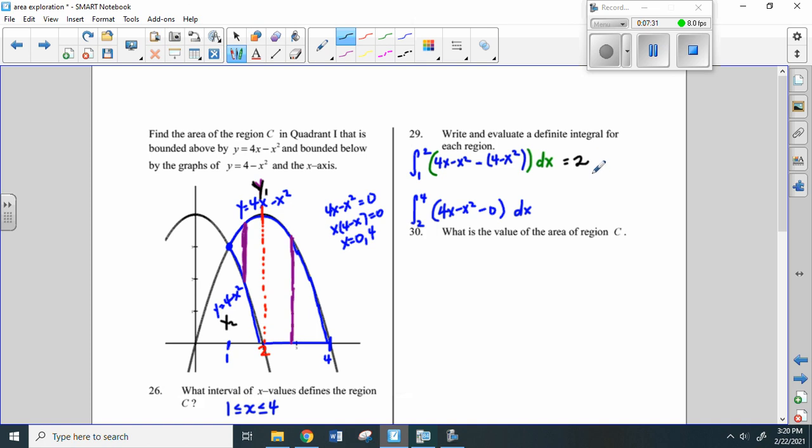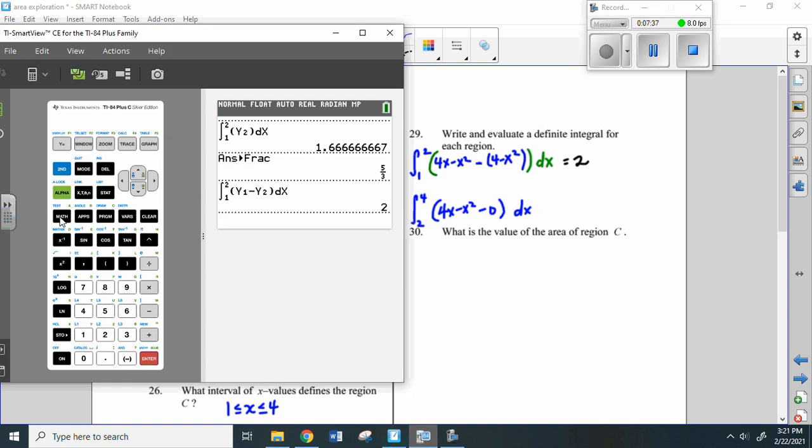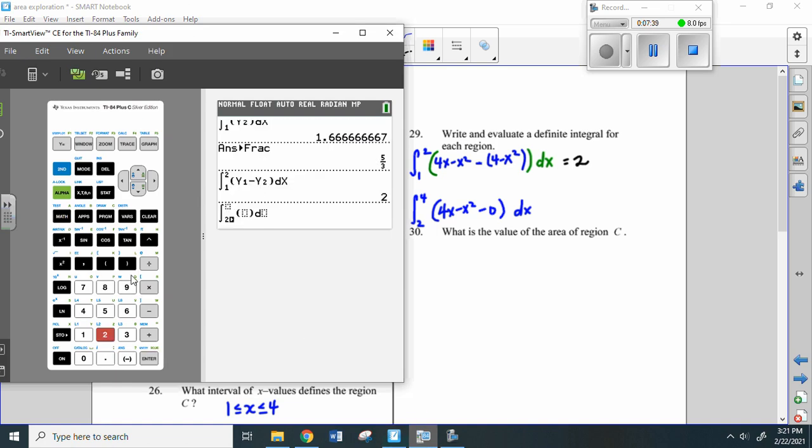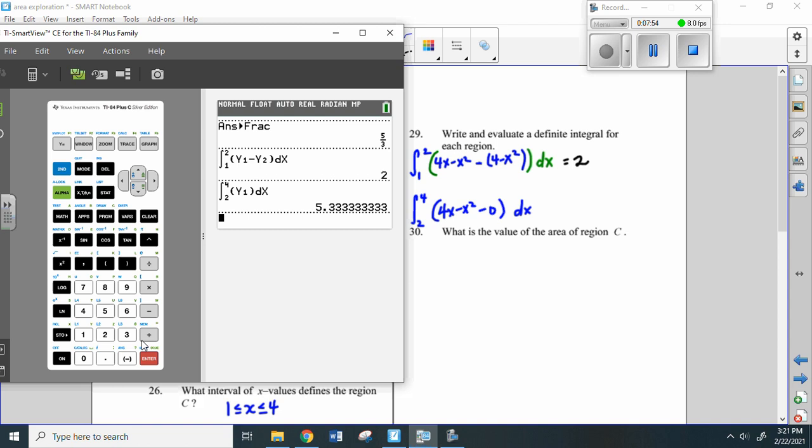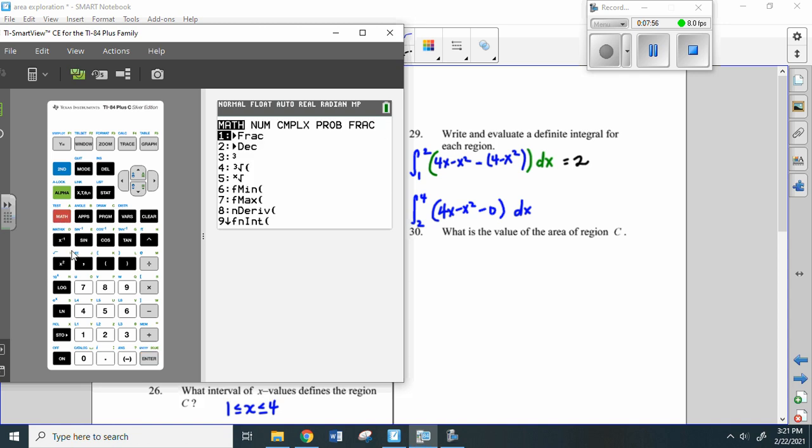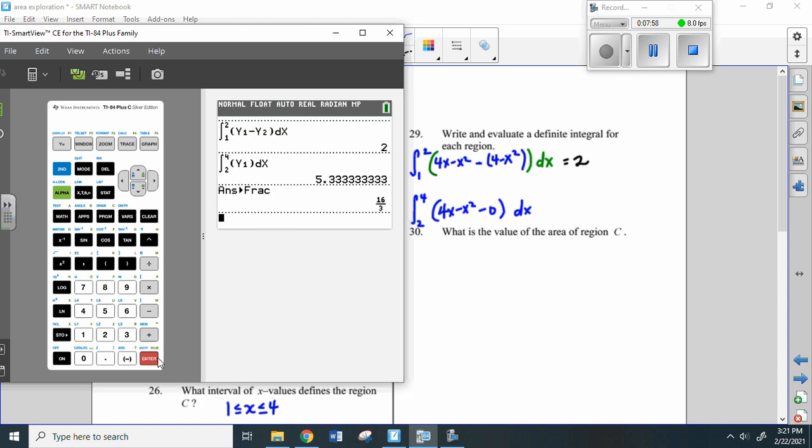All right, and then I'm going to work out the second integral on my calculator as well. I'm going to go from 2 to 4, and since I'm only using the 4x minus x squared, I only need y1. You're welcome to put minus 0, but of course you know that doesn't change the value. And then we're going to hit dx, and just to make it perfect, math enter.